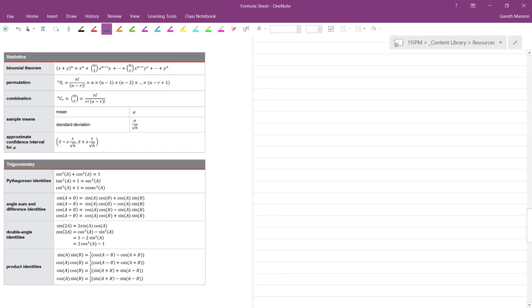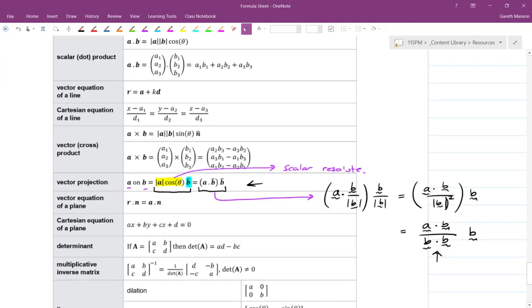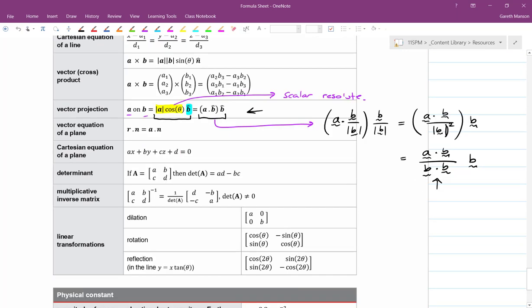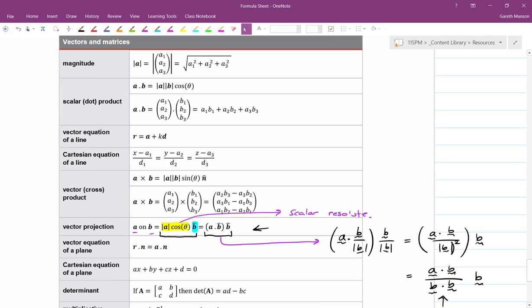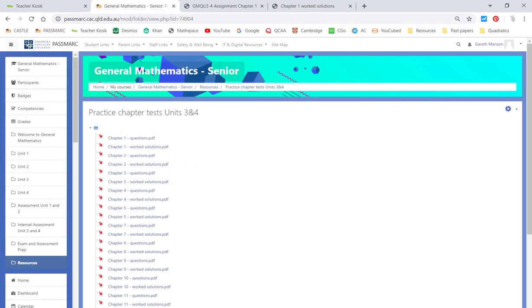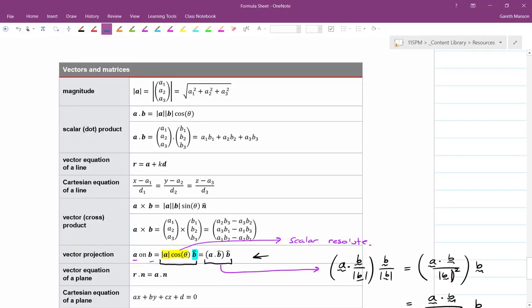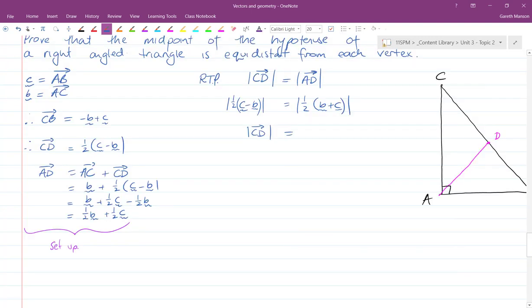I just want to see, I've got to remind myself what's on here. So the magnitude is, got to remind myself the formula.